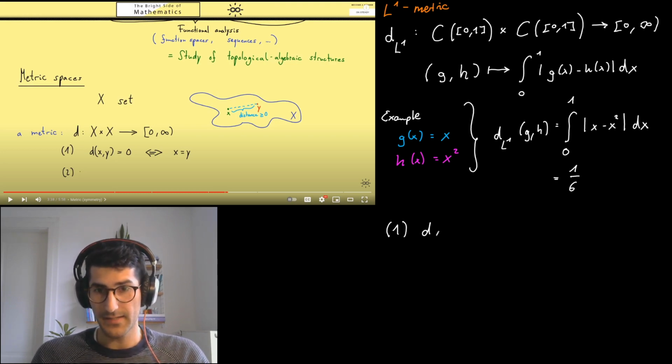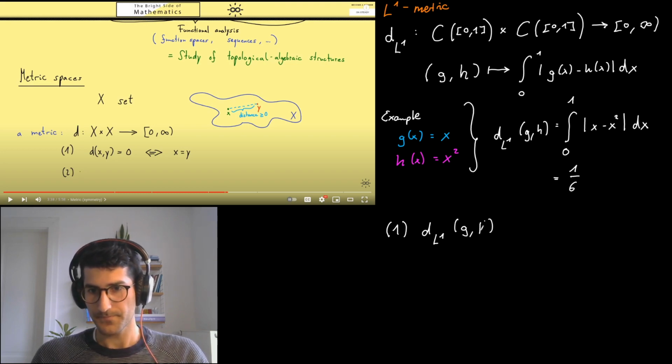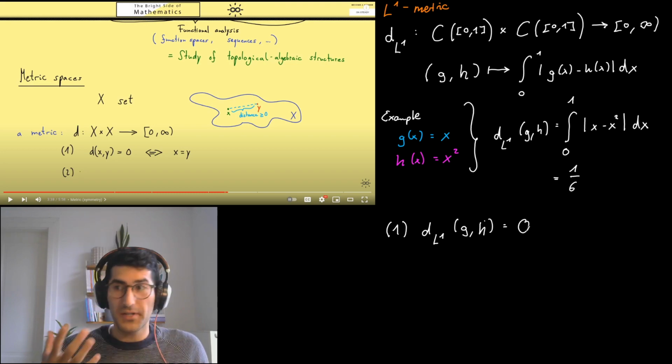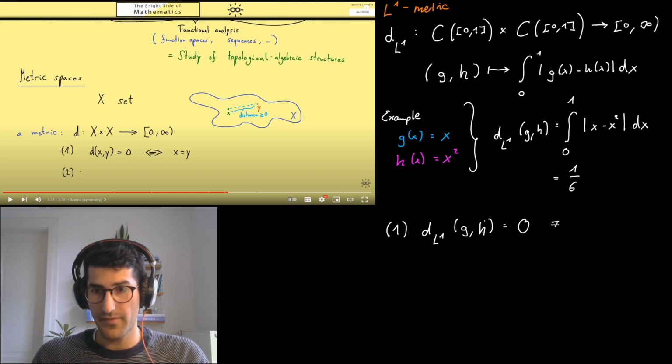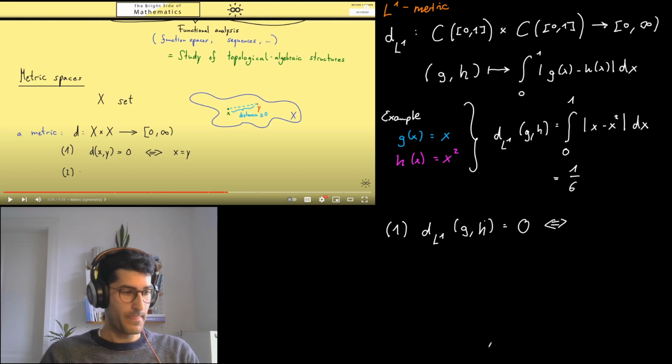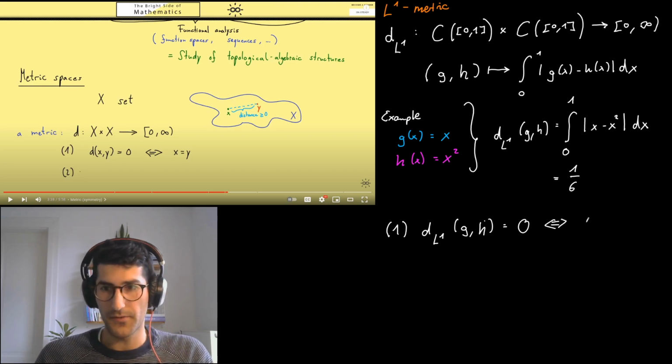The definiteness means, in our case, that the L1 distance of two functions g and h is 0, so the functions are not at all apart, if and only if both functions are equal.